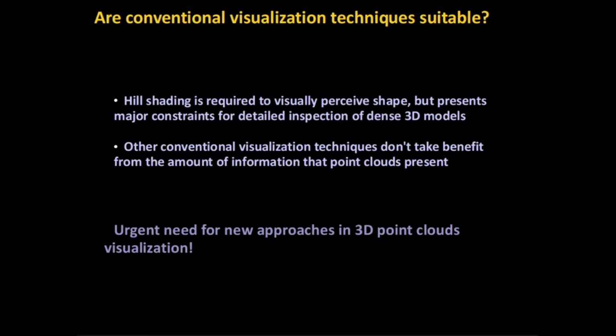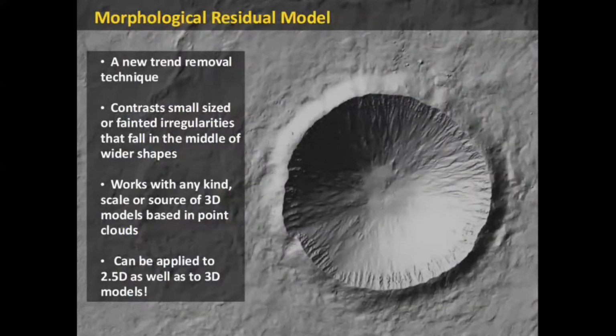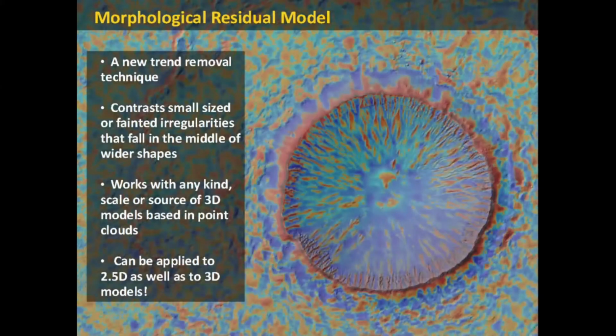We need new approaches for visualization of 3D point clouds and 3D models from scanning. And as I told you before, it's my area of research. So I've developed a new technique that can be applied to Mars as well as small objects and everything within them.